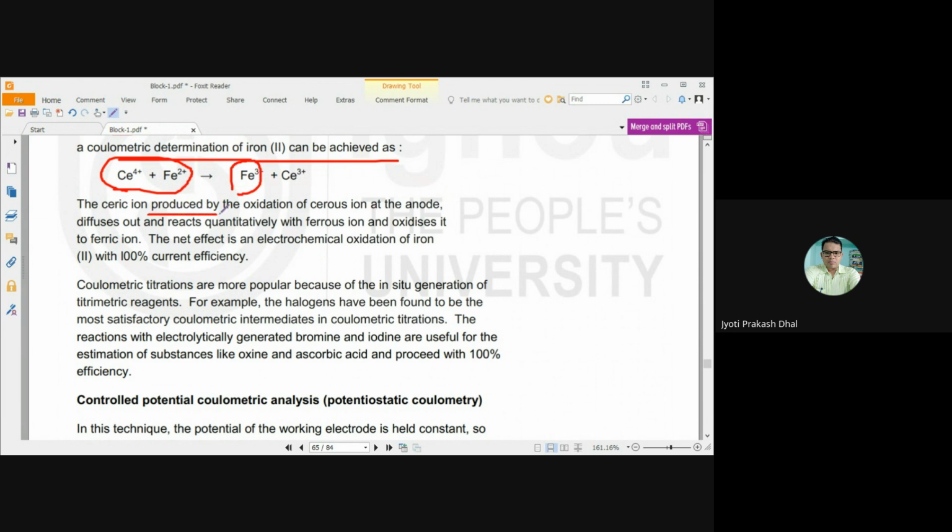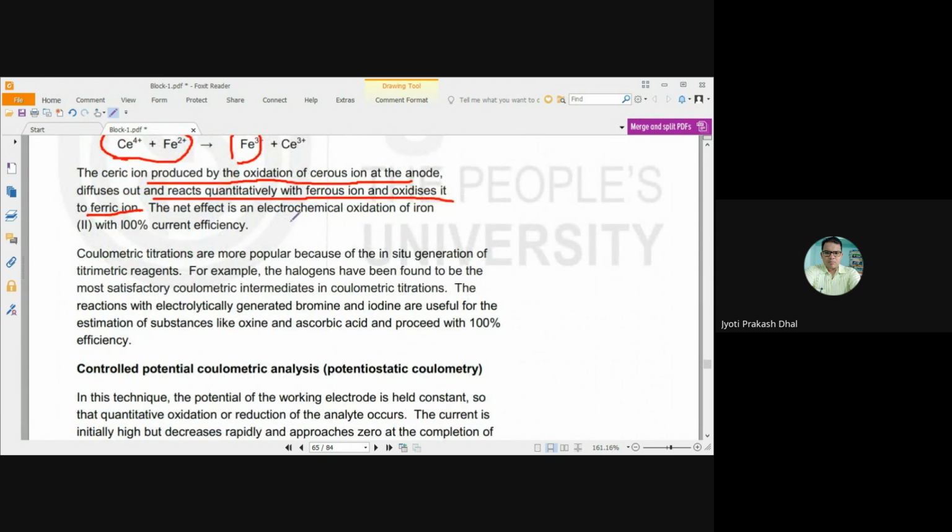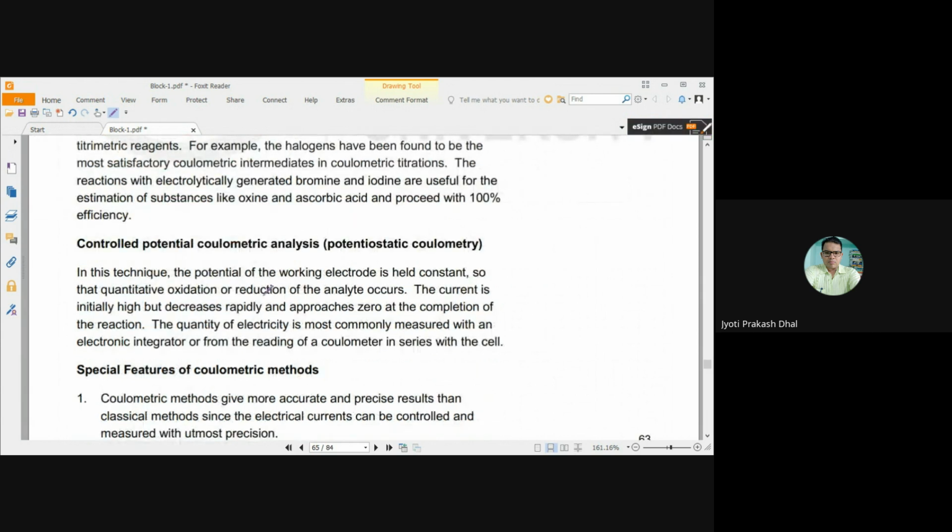The net effect is the electrochemical oxidation of iron 2 plus with 100% current efficiency.